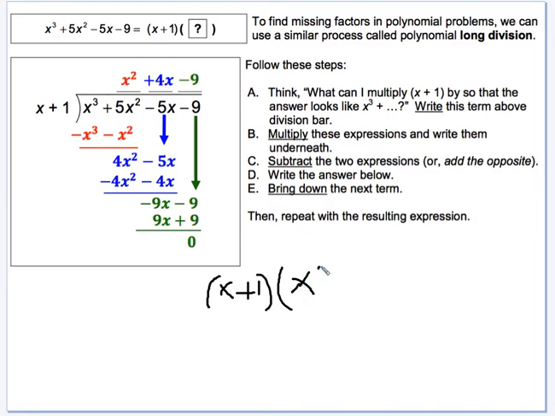Let me draw my x's. I'm not very good at drawing x's with my mouse pad. All right, so that's what happens when you factor out the x plus 1. Okay, all right, so there we go.